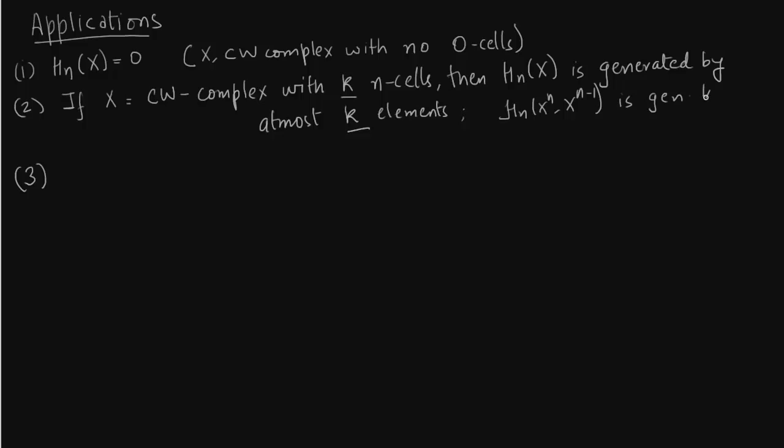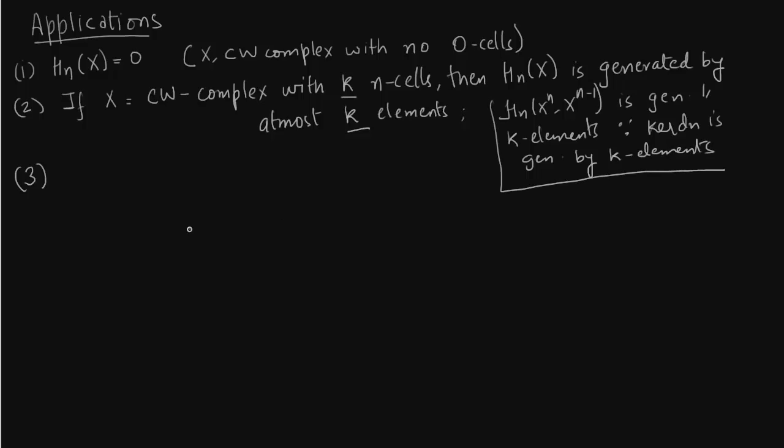It's generated by k elements precisely because there are at most k n cells. Now the kernel of Dn, actually there should be an implication sign now. The kernel of Dn is generated by k elements because in the horizontal sequence, Dn acts on Xn comma Xn minus 1. Now if the kernel of Dn is generated by k elements, then obviously HnX, which is the kernel of Dn over the image of Dn plus 1, will be generated by at most k elements.